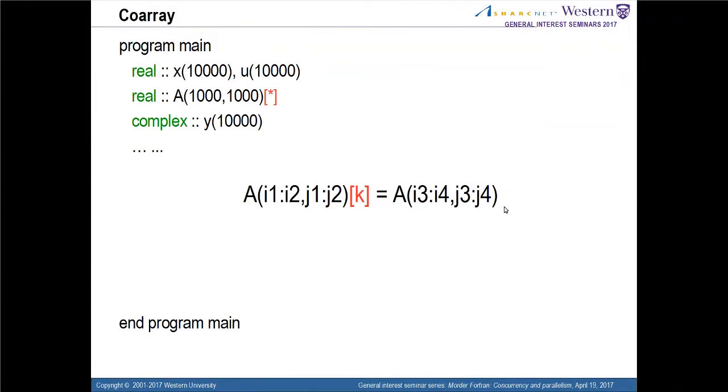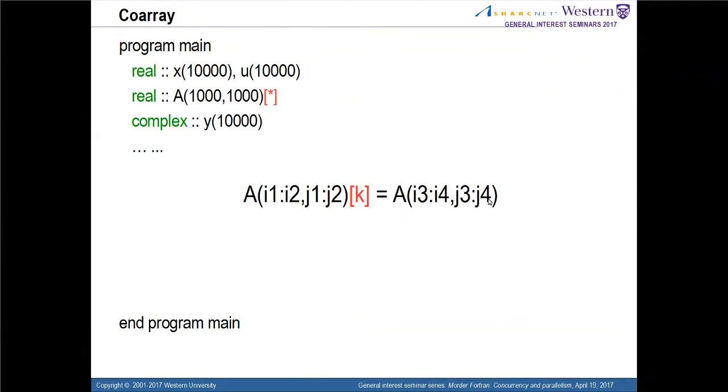And this is a push. So I'm pushing the content from this local array to a remote array A. Now compared to the previous slide, where we're fetching this array from process K and putting it in the local one, here what we do is the opposite way.